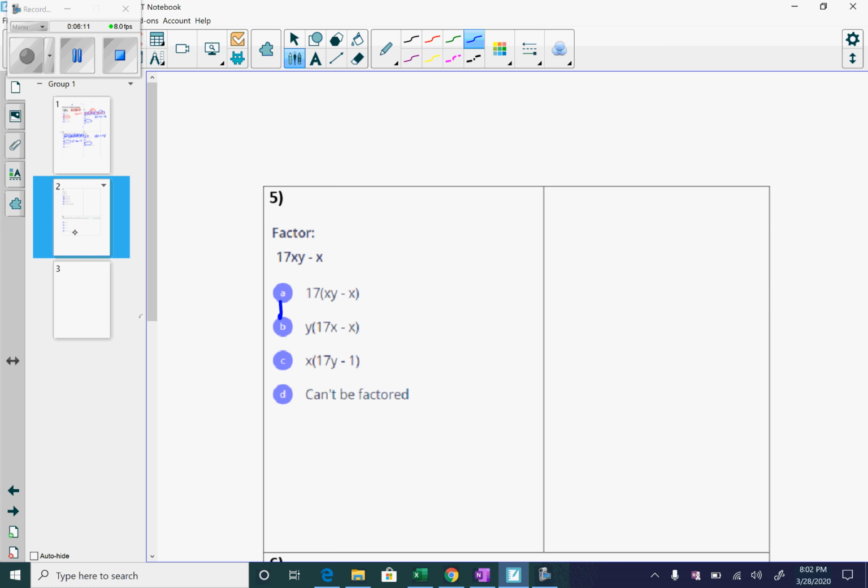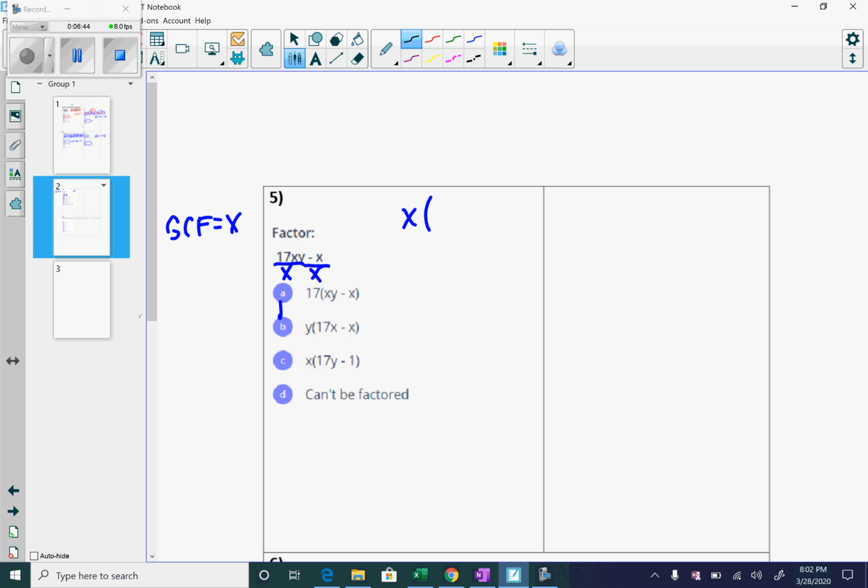Here's another factoring problem. This time there's no number that will go evenly into the coefficients. Nothing goes into 17 and 1 besides 1, but there's a variable that I can factor out of both. So the GCF here is actually x because it's common to both terms. So I'm going to divide both terms by x. I'm going to factor out the x, which means it's going to go in front of parentheses.